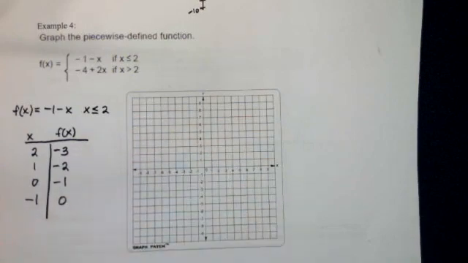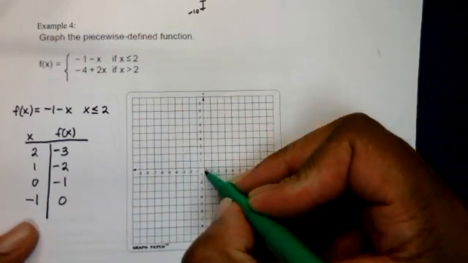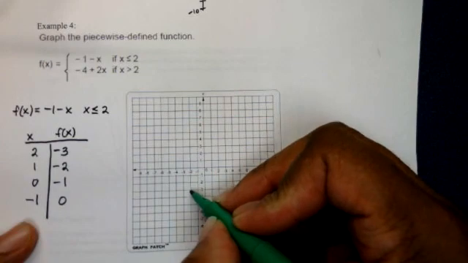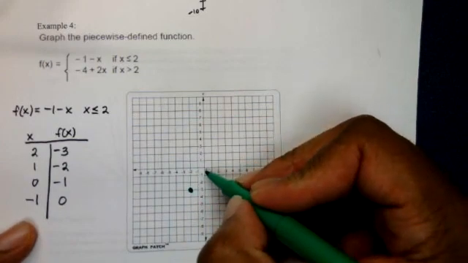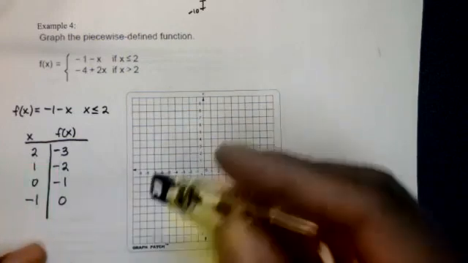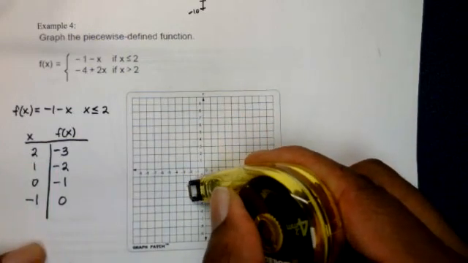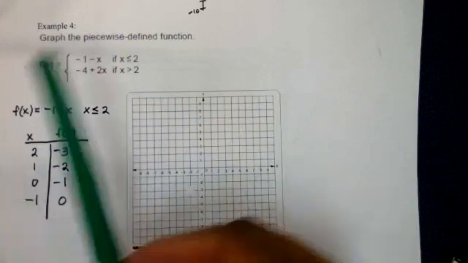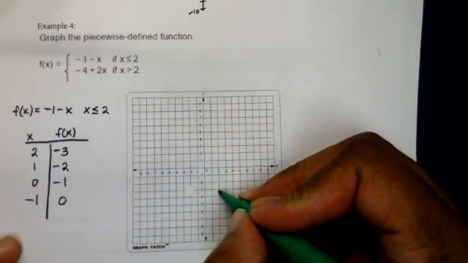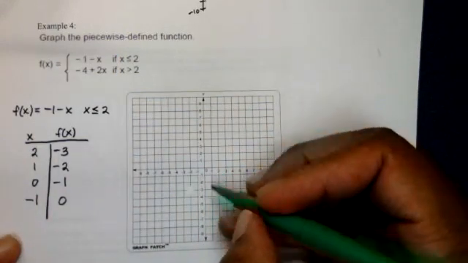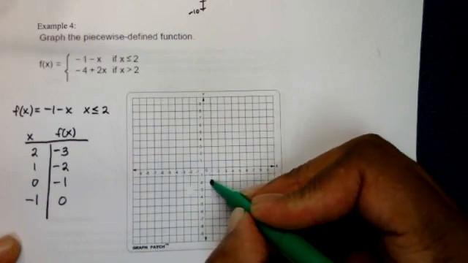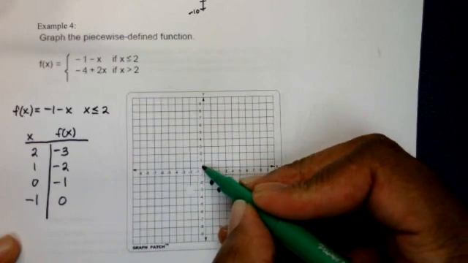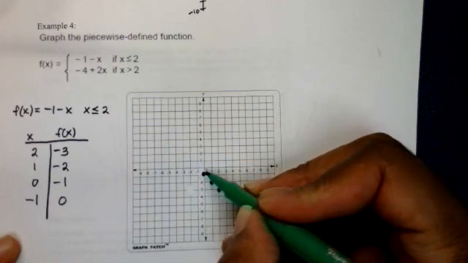So we're going to plot those on the coordinate plane. The point 2, negative 3 will be to the right 2 and down 3. 1, negative 2 to the right 1 and down 2. 0, negative 1, stay at 0 but go down 1.